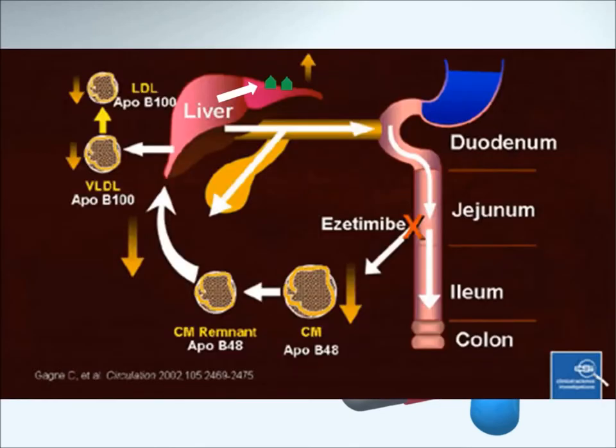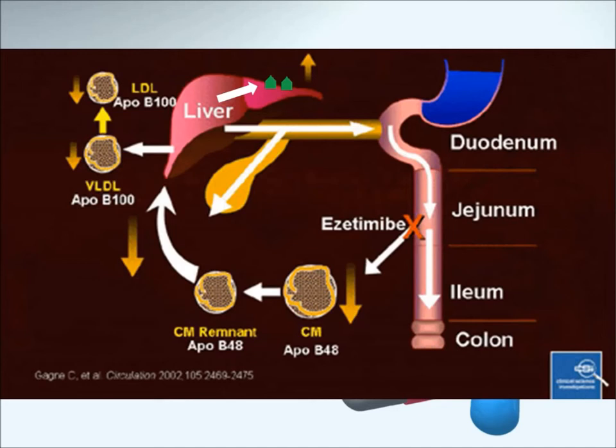So let's have a look at what happens with ezetimibe. Nice big clear cross showing that ezetimibe inhibits the transport of cholesterol out of the gut and into the bloodstream, which means if we follow that process round that we've looked at before, you will therefore get fewer chylomicrons and therefore fewer chylomicron remnants being taken up into the liver, and therefore less raw materials to make your VLDL, and therefore less LDL as a result of that.